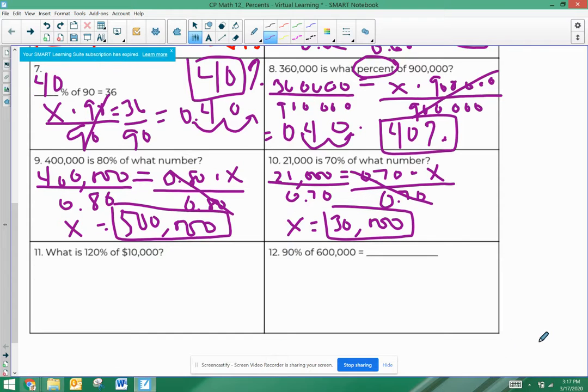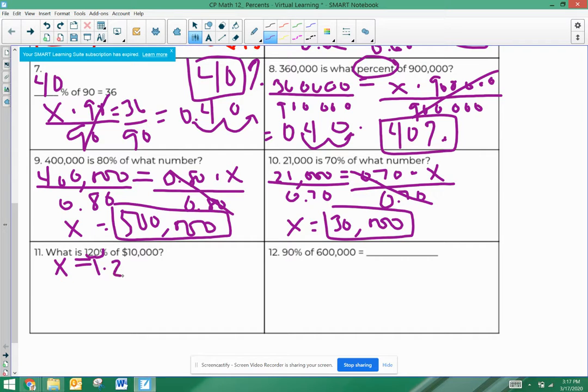Just kidding, baseball's been canceled. Too soon. What is 120% of $10,000? All right, so this sounds like something I would like to know. It sounds like a nice amount of money. If we were to set this up, the equation like we were doing before, what, I don't know, equals 120%. So I just take my decimal and I move it in twice.